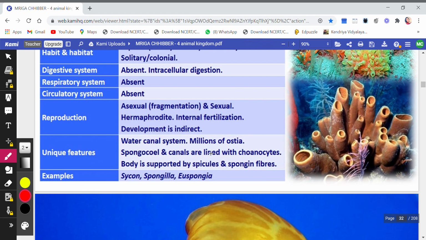Unique features are the presence of a water canal system, millions of ostia, and the spongiocele, and the canals are lined with choanocytes. That means the body cavity from inside is lined by special cells called choanocytes. Examples are also given to you. So this is about Porifera.